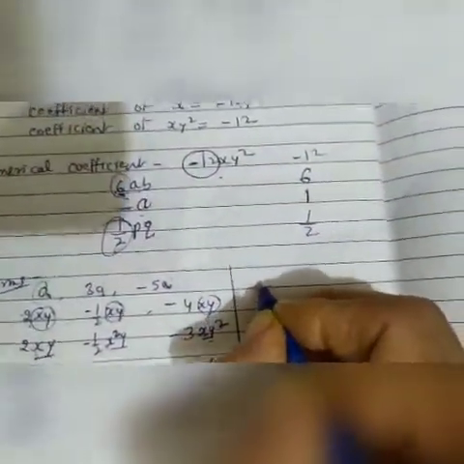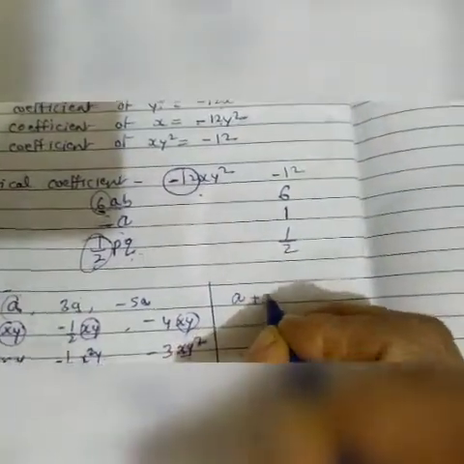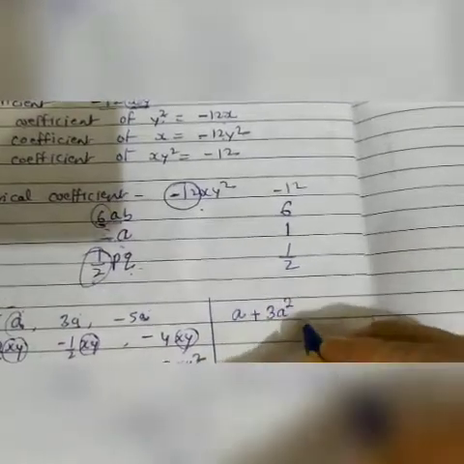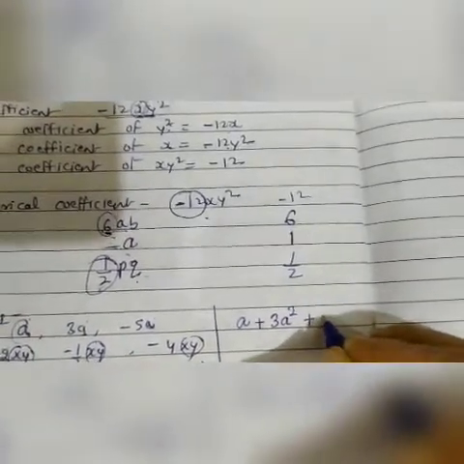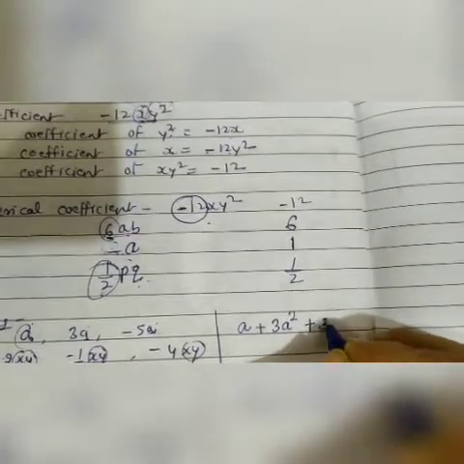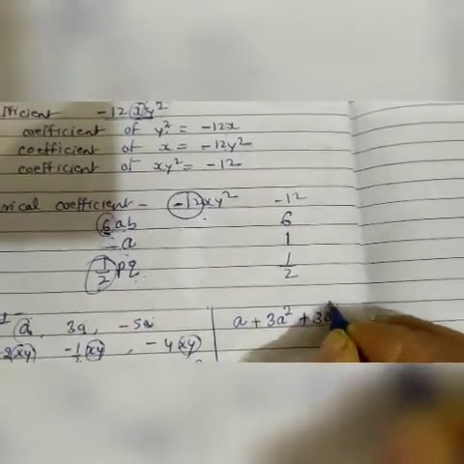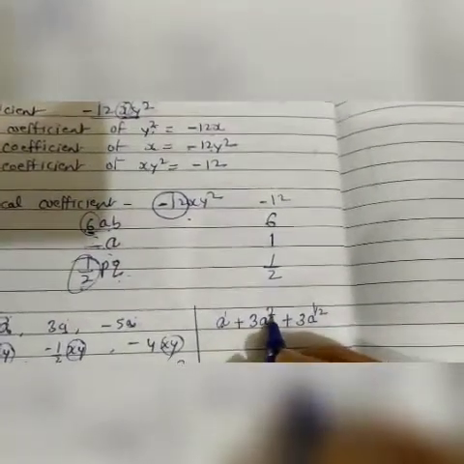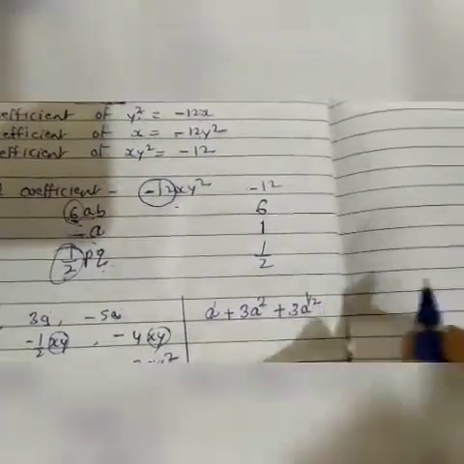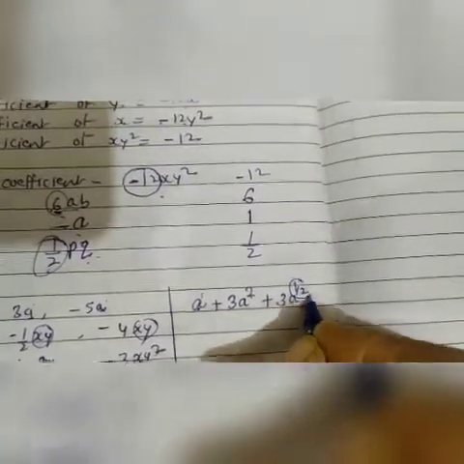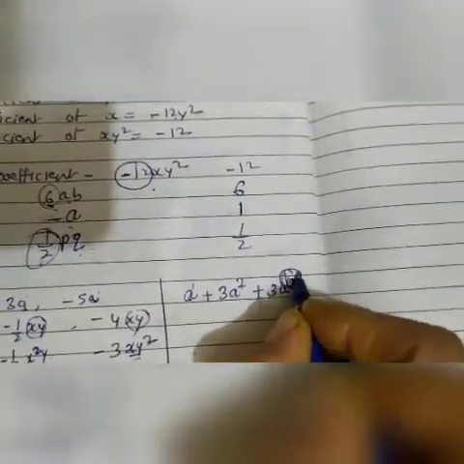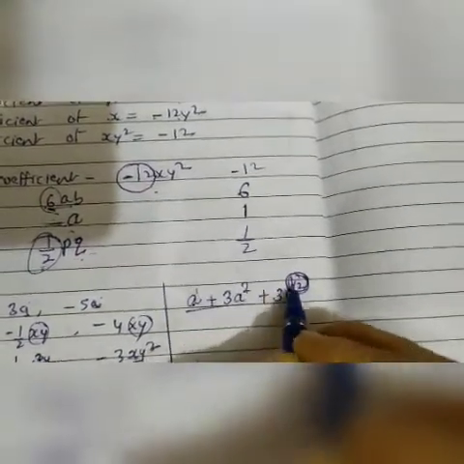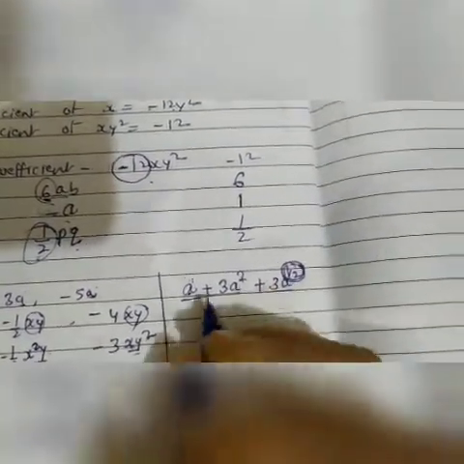Suppose I am writing a plus 3a square plus 3a power 1 upon 2. Here its power is 1, its power is 2 and its power is 1 upon 2. So this power is a fractional number, so it cannot be a polynomial. Their power should not be negative or in fractional form.